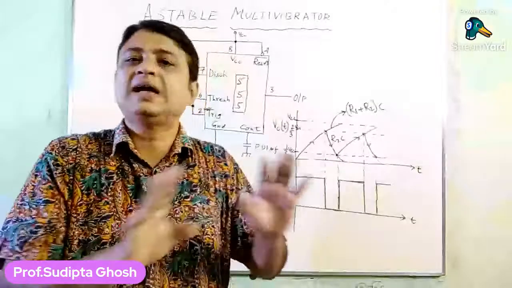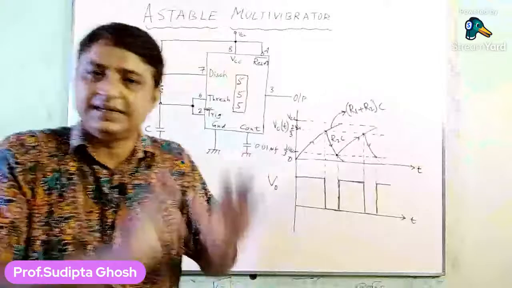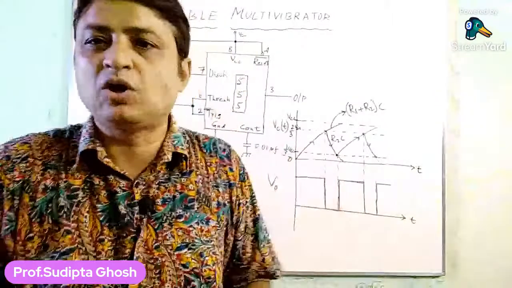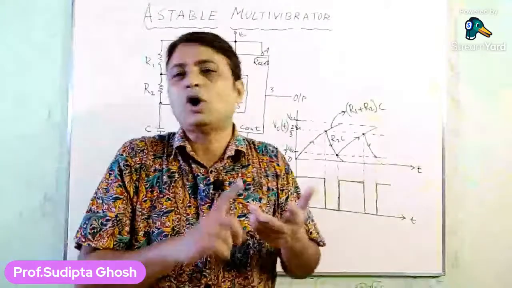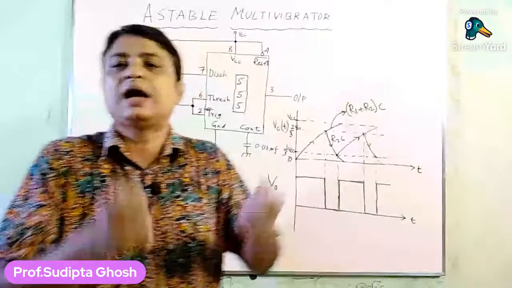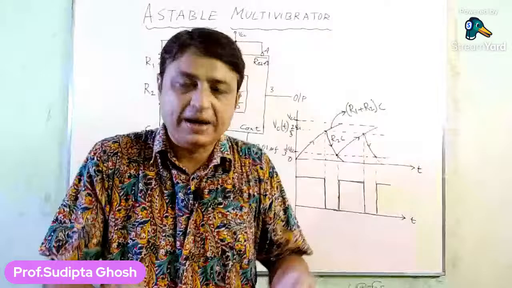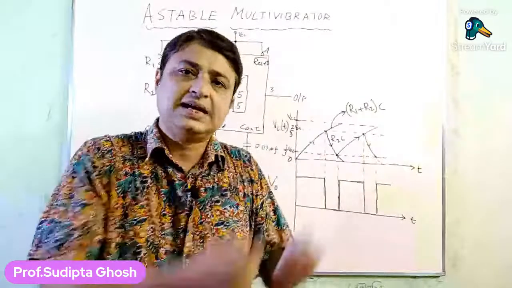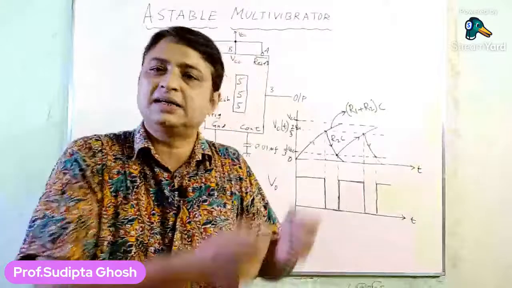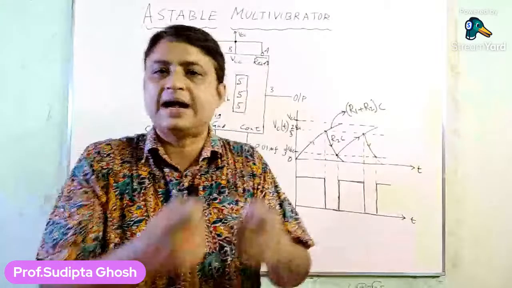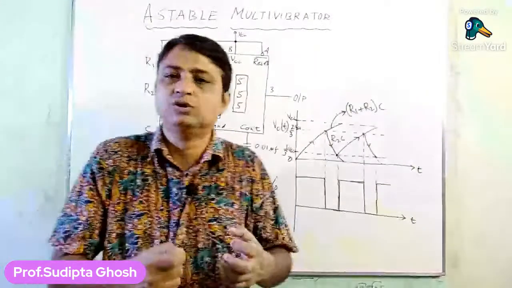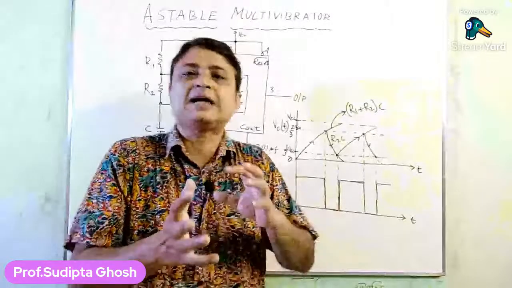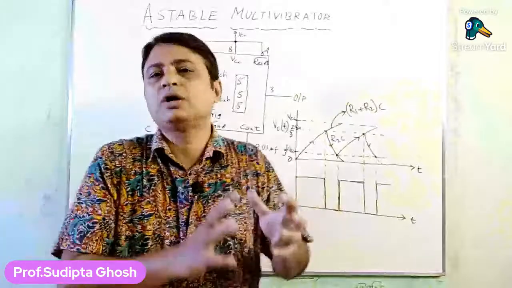These time constants, either the charging or the discharging time constant, are dependent on the externally connected resistors R1 and R2. So by changing the values of R1 and R2, we can change the time constants of charging or discharging.